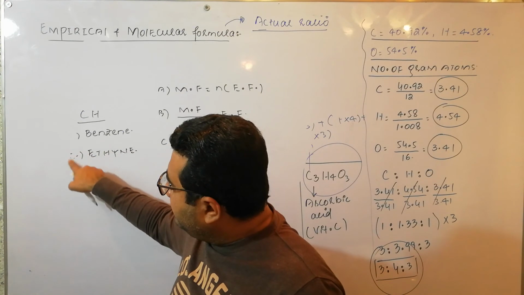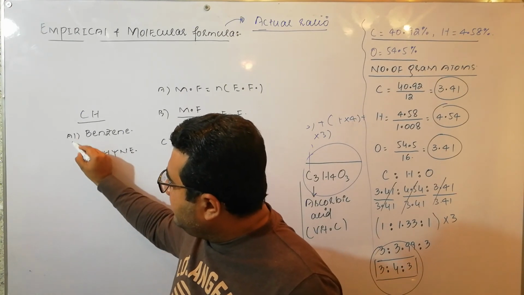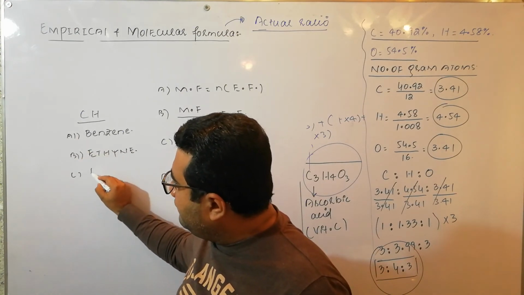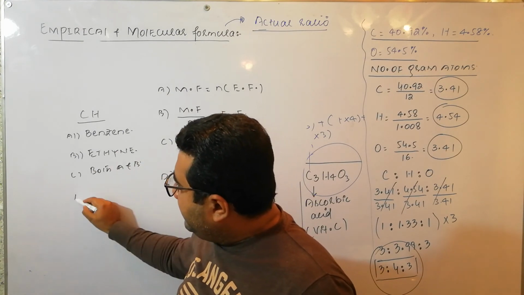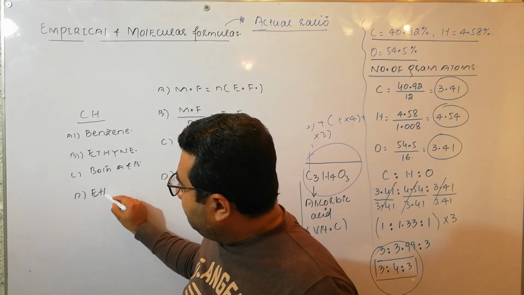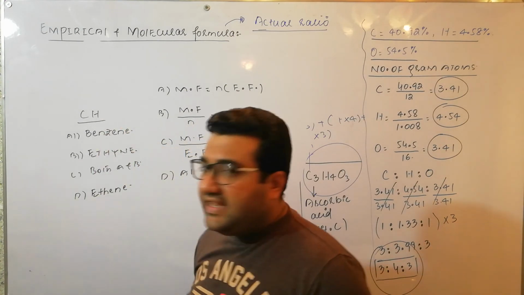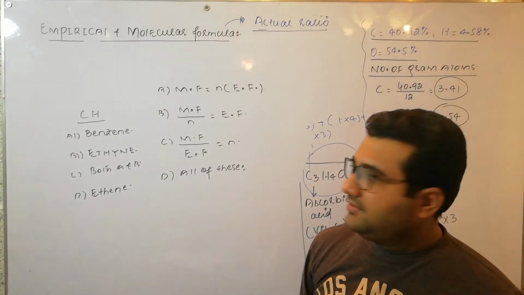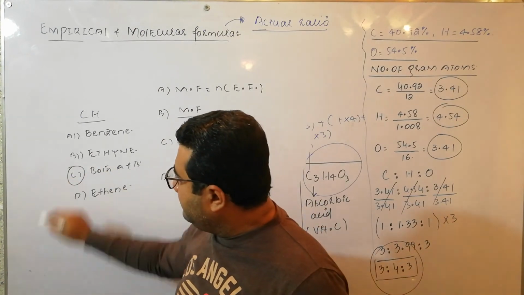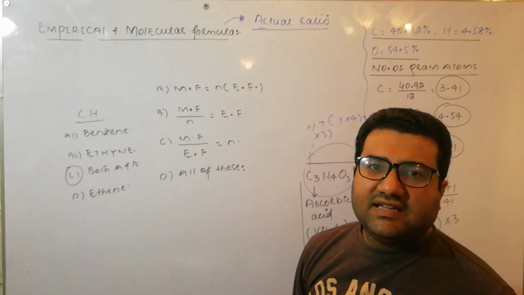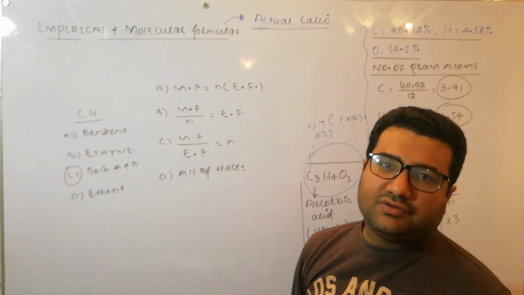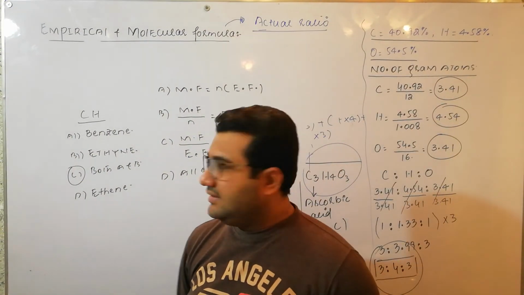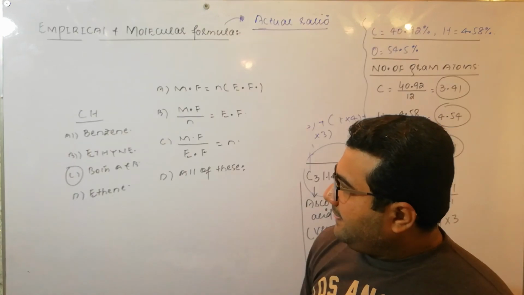So alpha, that will be benzene, beta, ethyne, Charlie, both A and B, and delta, ethene. CH is the empirical formula of both A and B. Benzene is C6H6, which is simplified to CH, and ethyne is C2H2, which is also simplified to CH.